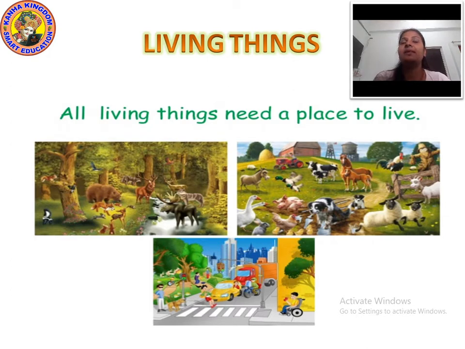Now all living things need a place to live. We all know what things living things need to live, but there is one more thing: living things also need a place to live.